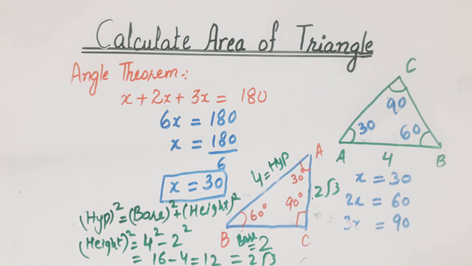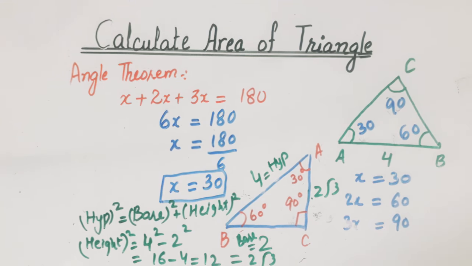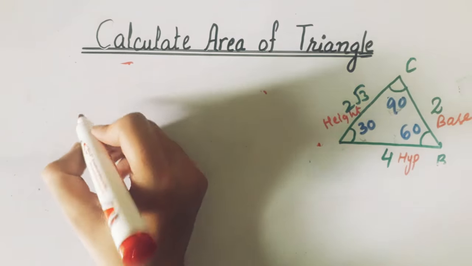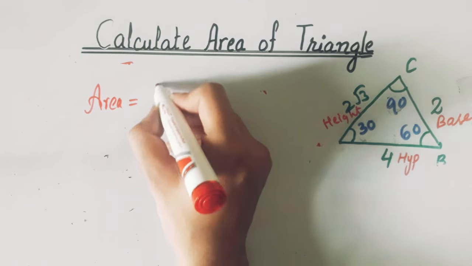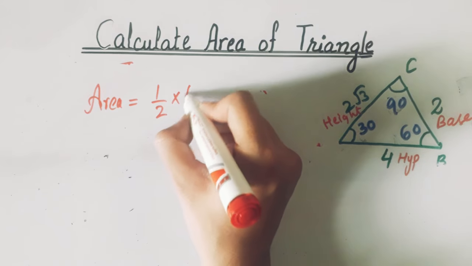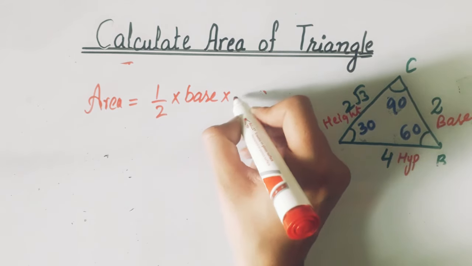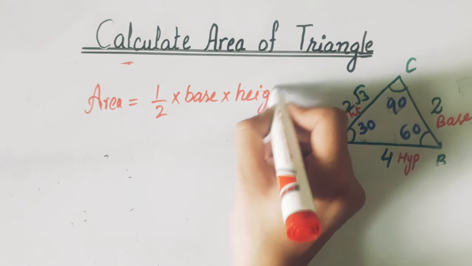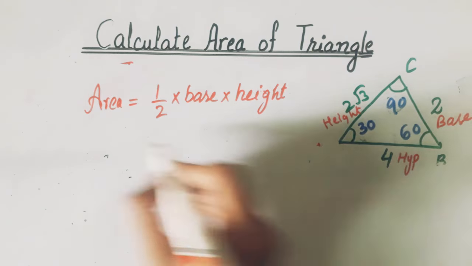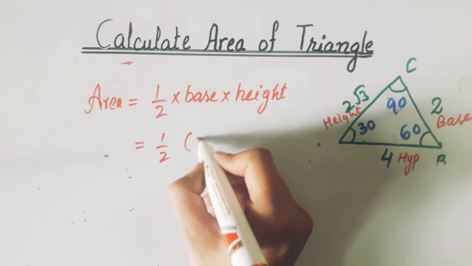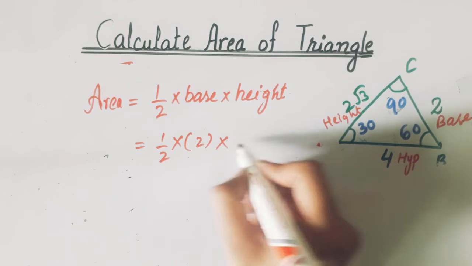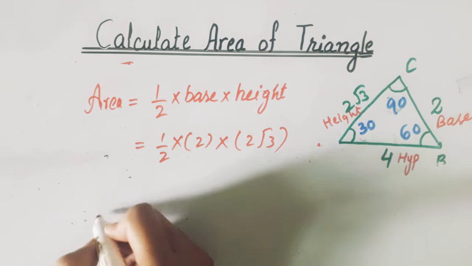Now we will calculate the area of this triangle, and the formula for area is half into base into height. So we get base is 2 and the height is 2 square root 3.